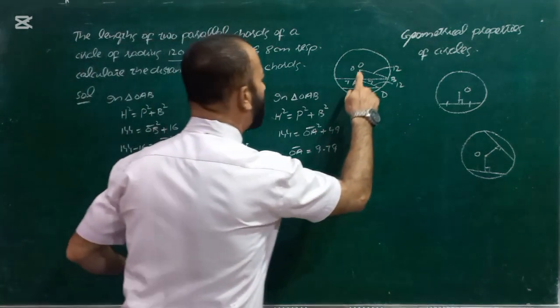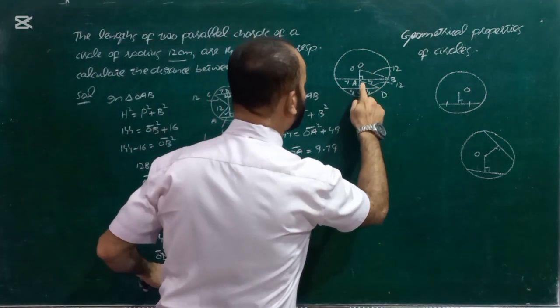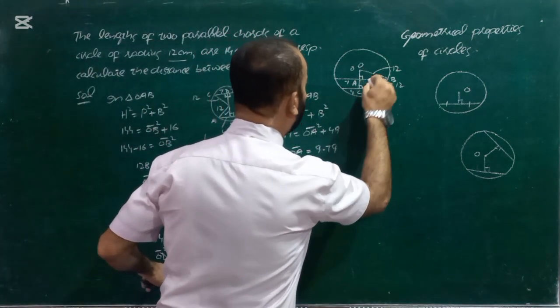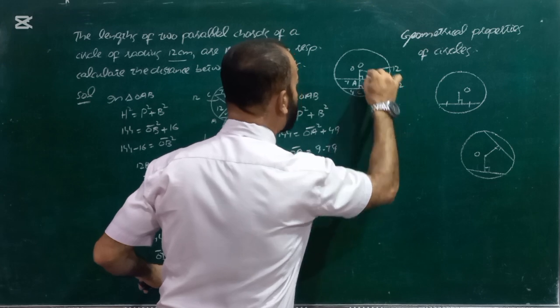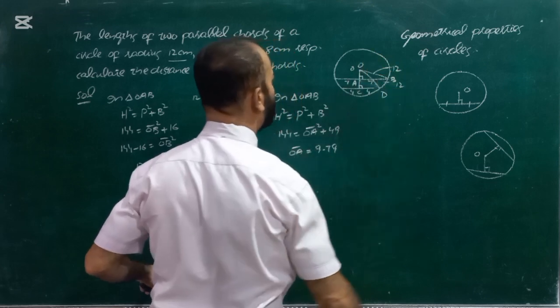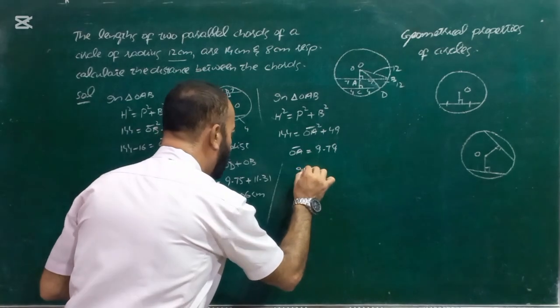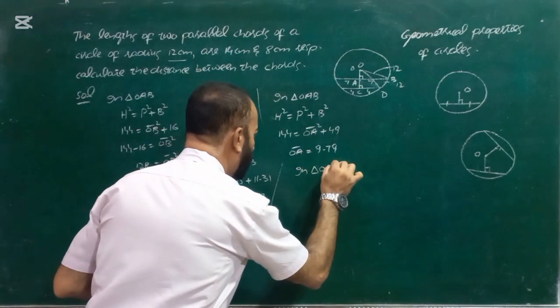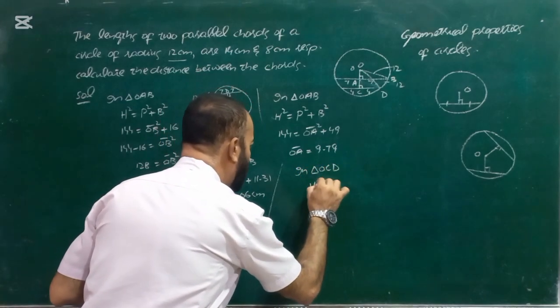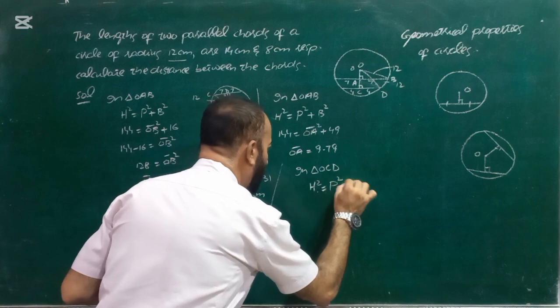So now in triangle we are going to join this origin with this point. So now in OCD, hypotenuse square is equal to perpendicular square plus base square.